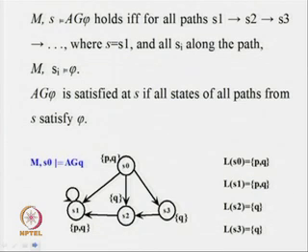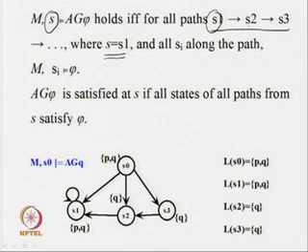If it is true in a particular state, we say that in model M, state S models AG phi. When we say AG phi holds, it is for all paths that we consider, where we have a transition from S0 to S1, S1 to S2, S2 to S3, and like that a sequence of states, where S0 is equal to S. That means we are concerned about this particular state S, and in all paths starting with S0 equal to S, and for all Si along the path, M, Si models phi, that means phi holds in state Si, where Si is all the states along the path.